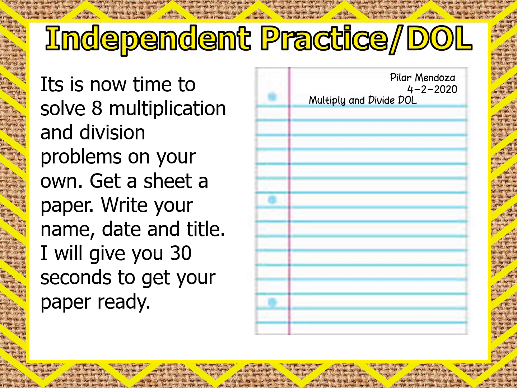It is now time to solve 8 multiplication and division problems on your own. Get a sheet of paper, write your name, date, and title. I will give you 30 seconds to get your paper ready. Go!